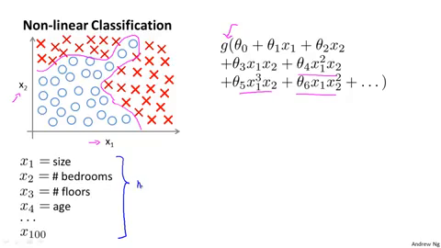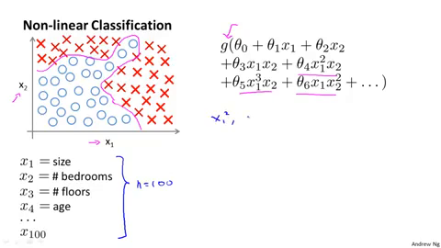And as we saw, we can come up with quite a lot of features, maybe 100 different features of different houses. For a problem like this, if you were to include all the quadratic terms, that is the second order polynomial terms, there would be a lot of them.